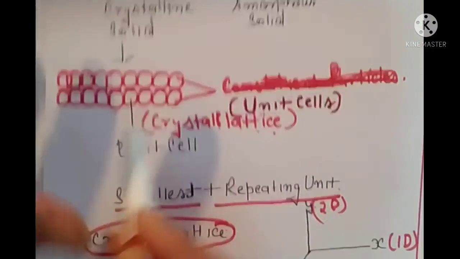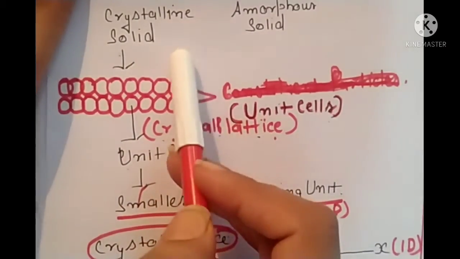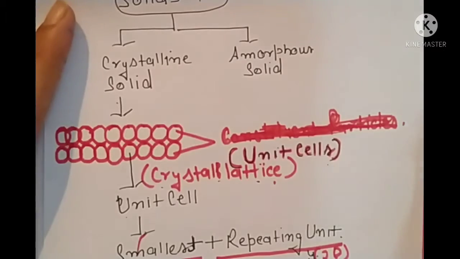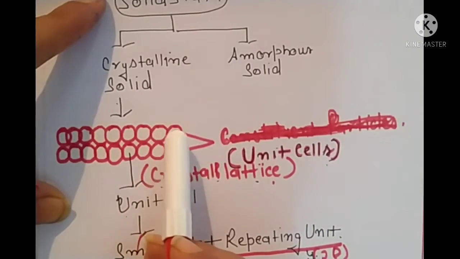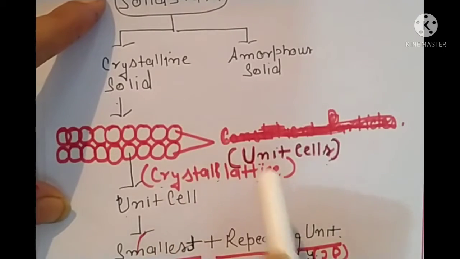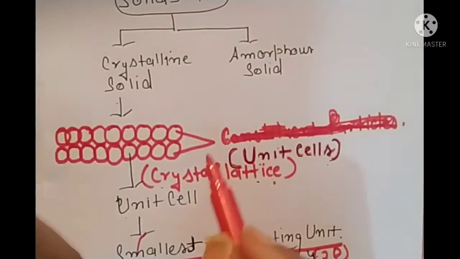So this is the crystal lattice structure of a crystalline solid, in which these unit cells are repeated over and over again to form the crystal lattice structure. You can see this is the smallest and complete unit cell, which is repeated over and over again to form a crystal lattice.